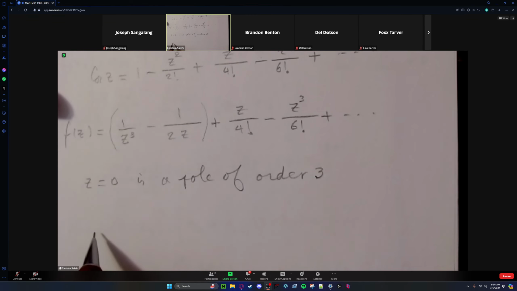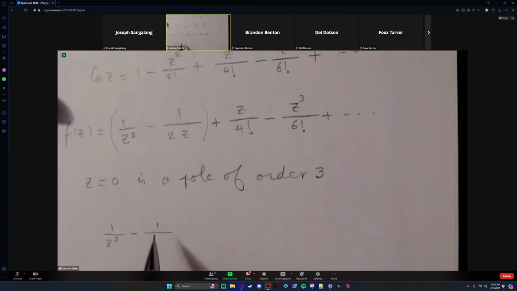In this case, the principal part, I'm saying, is this, after multiplying by 1 over z cubed. These are negative powers of z.